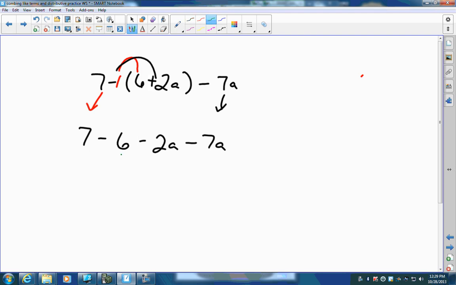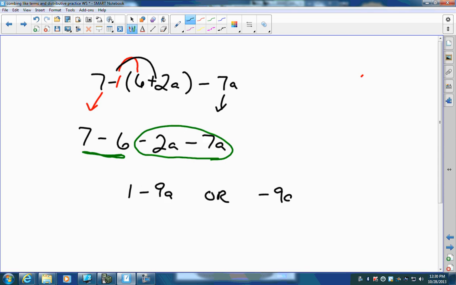Now from here, put together 7 minus 6, 1. Then I have -2A minus 7A. -2 minus 7 is -9A. You can write it this way or -9A plus 1. If you switch the order of them, make sure that they have the correct sign with it.